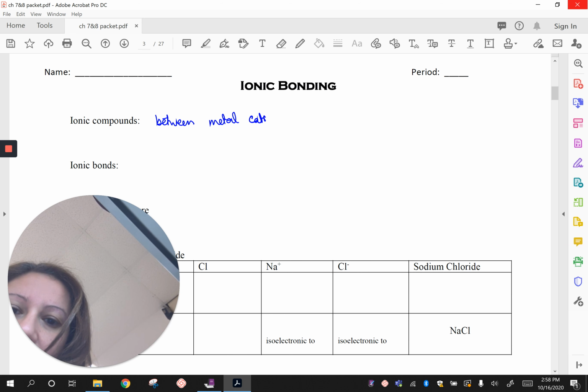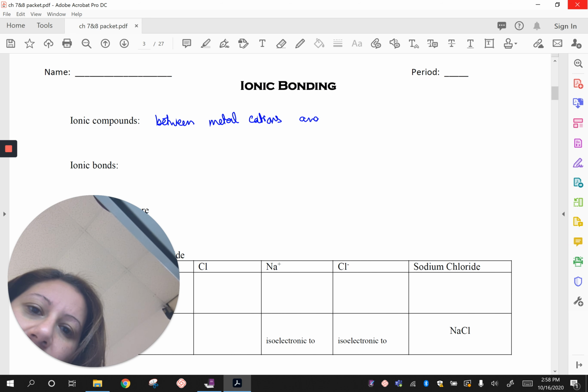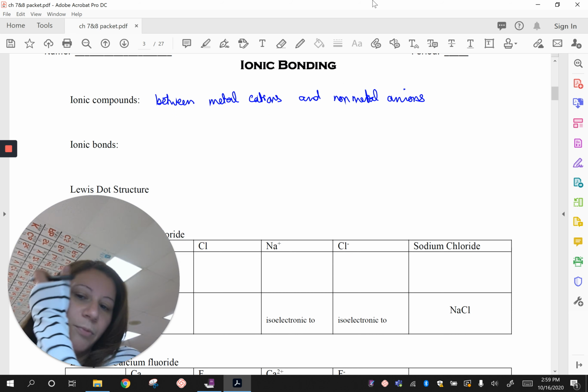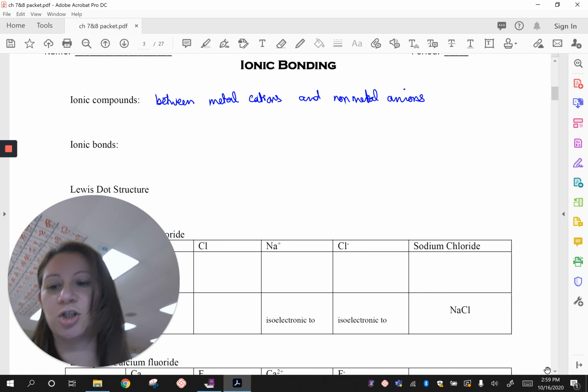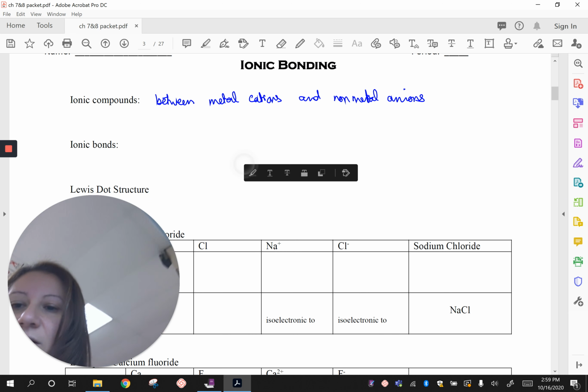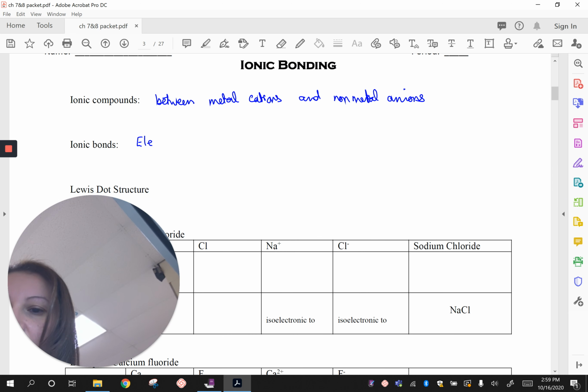metal cations and nonmetal anions. The ionic bond itself, we talked about it being the attraction, remember, the electrostatic or Coulombic attraction between the positive cations and the negative anions. So we're going to say the electrostatic force or attraction.